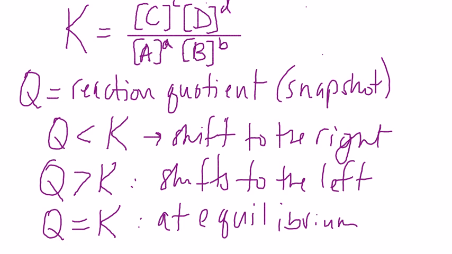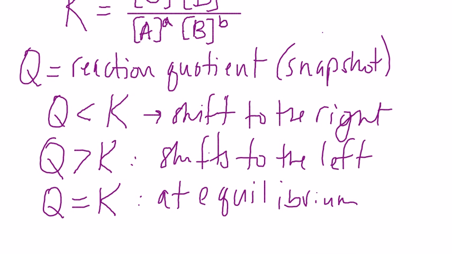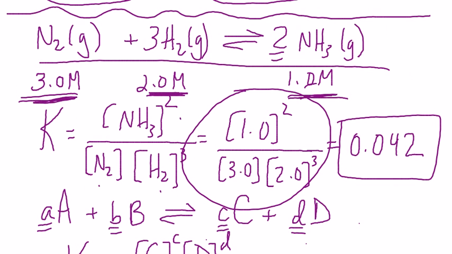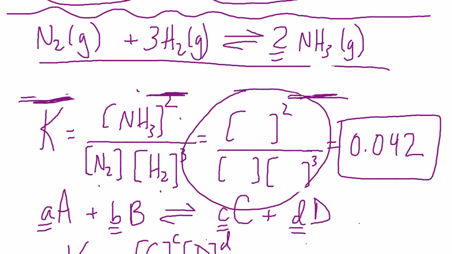An application of this would be, in the above reaction, let's just say at a particular time I'm going to erase the coefficients 1, 3, and 2. And let's just say that our equilibrium constant at this temperature is 0.042.